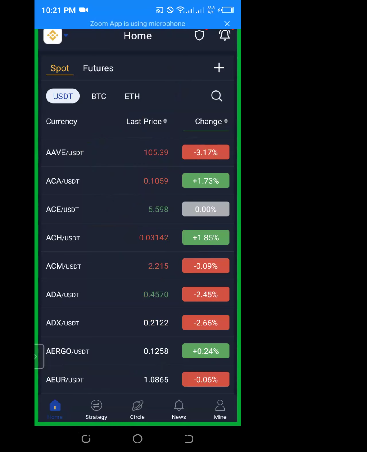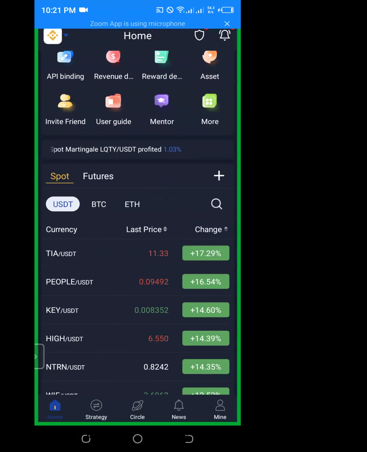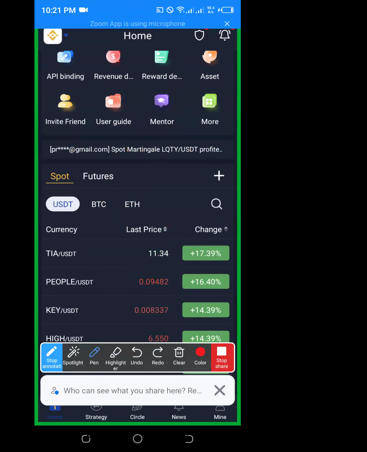Some people add more money when the market is going high. That is wrong. Let me give you an example here. You see this coin. Someone enters this coin at the current price and they add more money in it. My friend, you are going to float seriously.